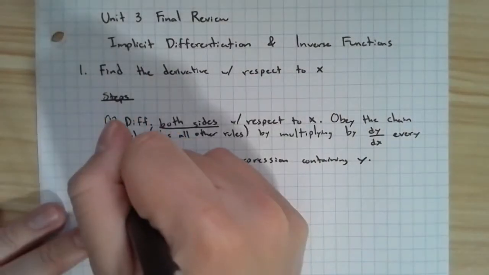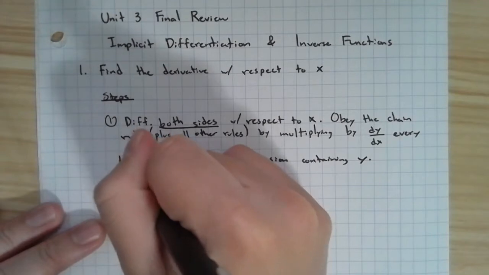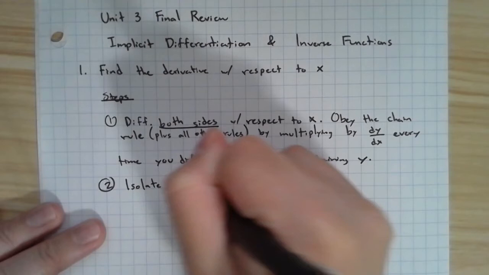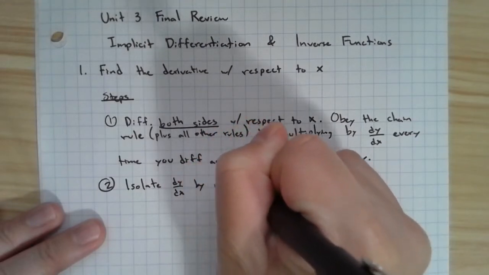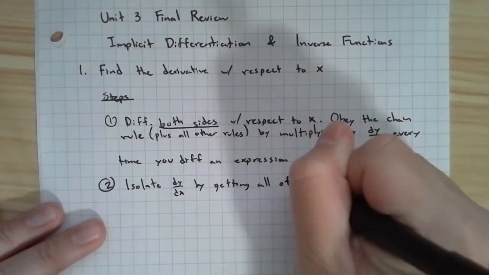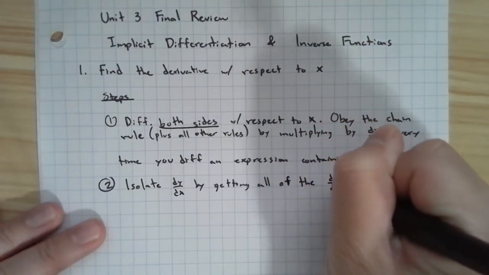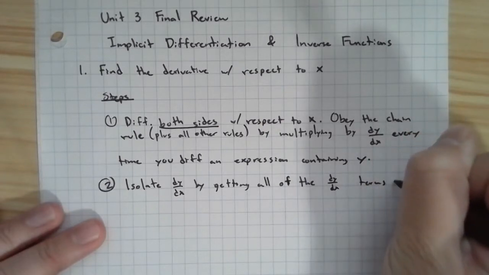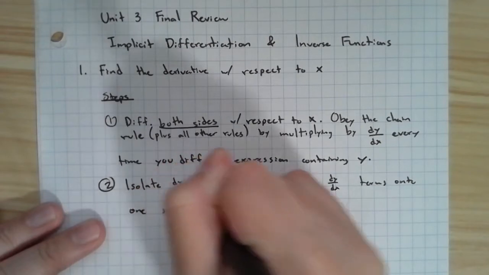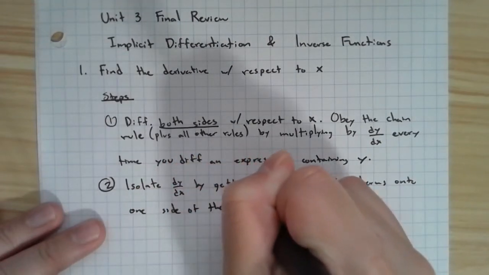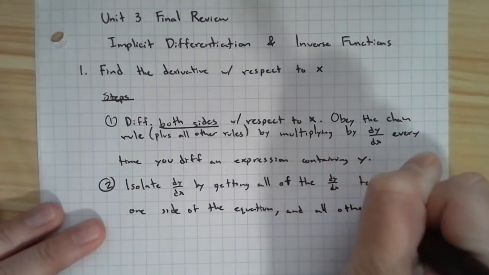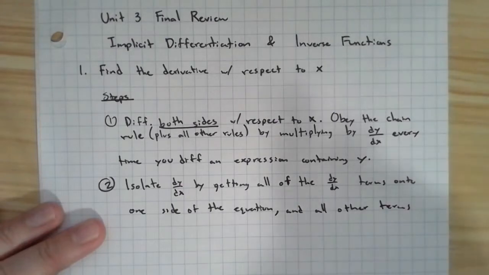The second step will require you to isolate dy dx by getting all of the dy dx terms onto one side of the equation and all other terms onto the other side.